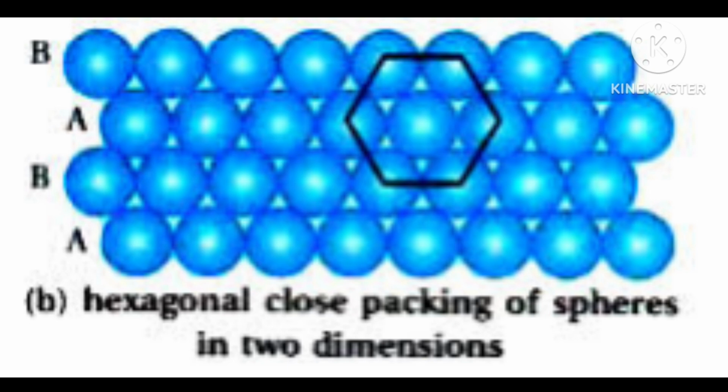This is actually called covering octahedral voids. Okay, this I have discussed. I think you might have understood this structure. This is what I told you, the A, B, C, A structure.